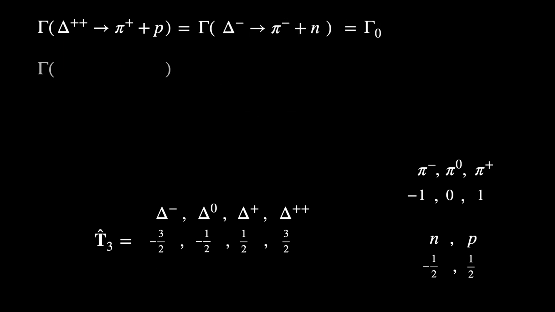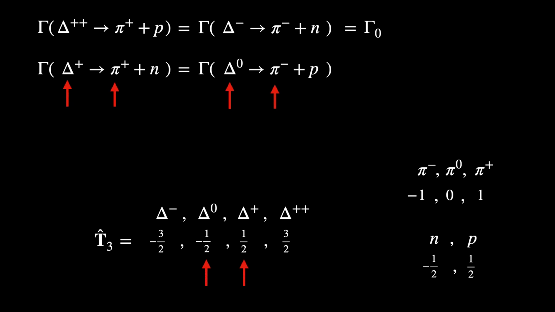We can do the same for the decay of delta plus into pi plus and a neutron. This is equal to the rate of the inverted process. But what is this rate? This should be a fraction of gamma 0, and we get this fraction from the Clebsch-Gordan coefficients, as we shall do later.